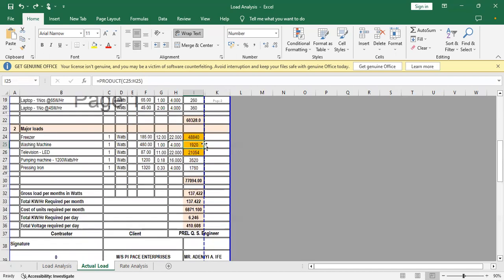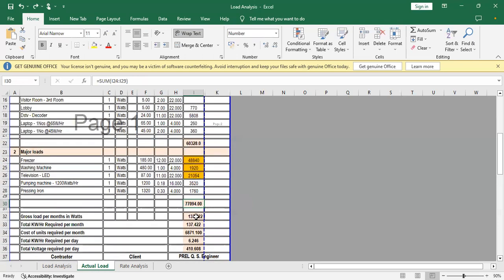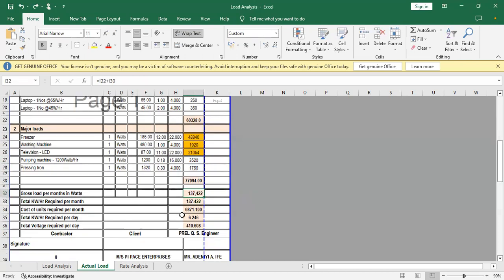So if you compute everything together for major load, it's about 77,094 watts. So both the major and basic load, the total wattage consumption per month is about 137,422 wattage, which translates into 137.422 kilowatt hour per month.